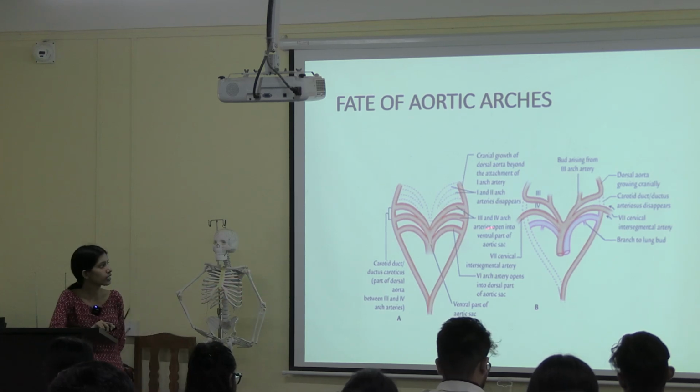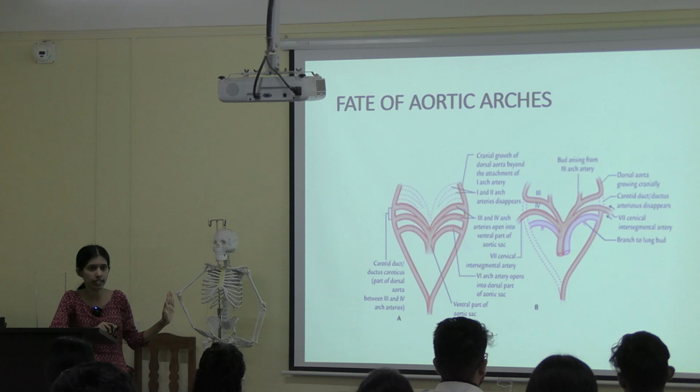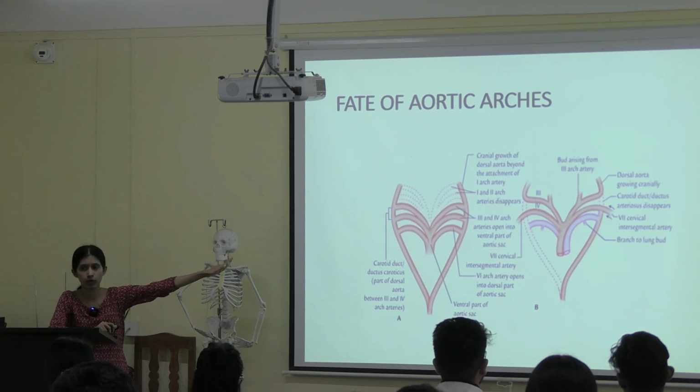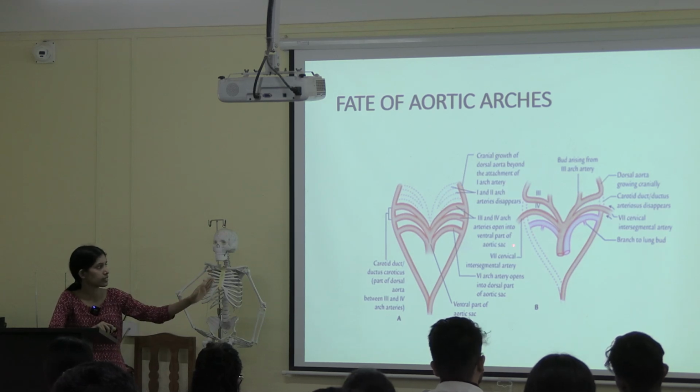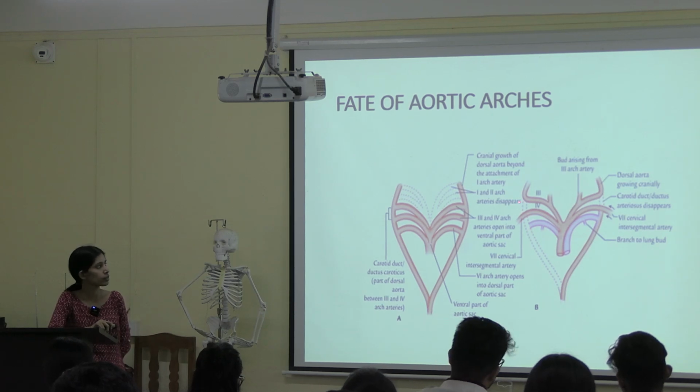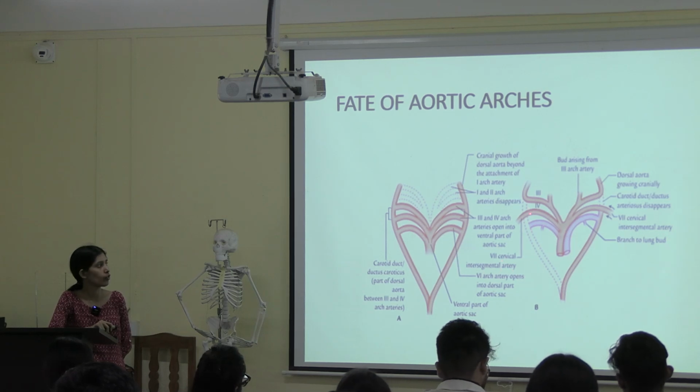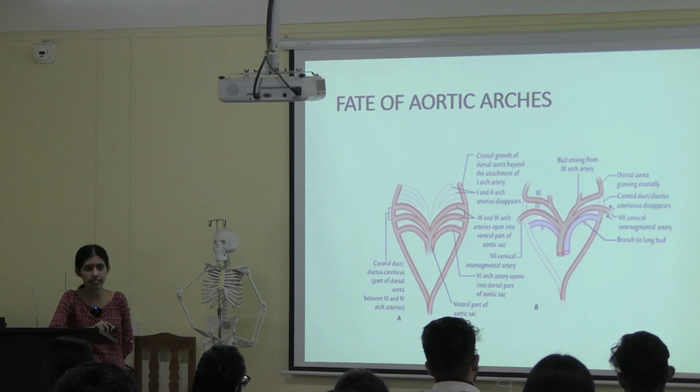Okay. Next, in the fourth and sixth aortic arches, the right and left modifications are different. It is not like the third aortic arch where we can see similar modification on the right and left. Now, the fourth aortic arch on the right side continues because of the absence of the dorsal aorta. It continues with the 7th cervical intersegmental artery to form the right subclavian artery.